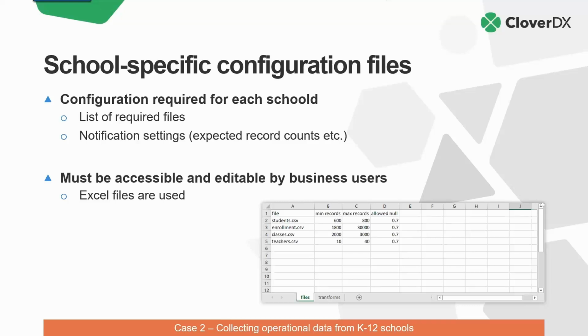We're expecting between 600 and 800 students in the students file, between 10 and 40 teachers in the teachers file. So we can do some sanity checks on the onboarding process and kick back files if there's a reason to be concerned, right? New school comes along, simply add a new Excel file and drop it into the configuration directory. The single generic pipeline will pick that up and process it.